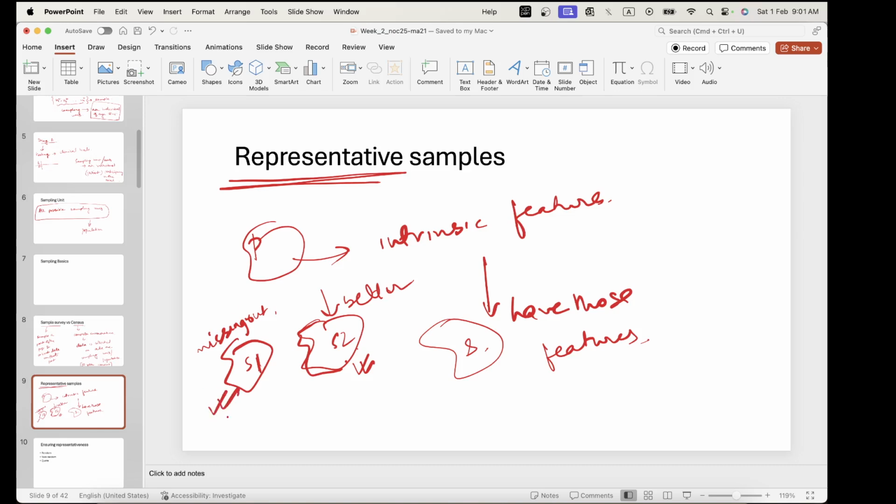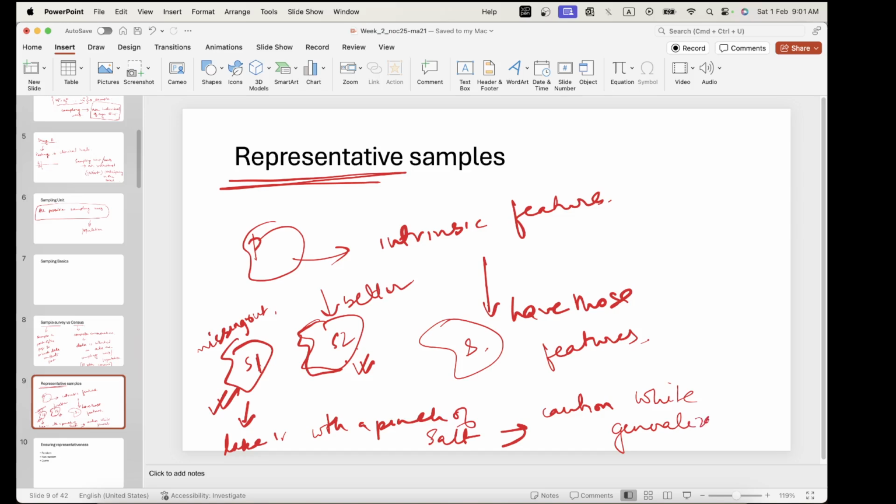They are also samples, but whatever inference we draw from these sort of samples, we might have to take it with a pinch of salt, or I should say that we should exercise caution while generalizing to the population. Okay.